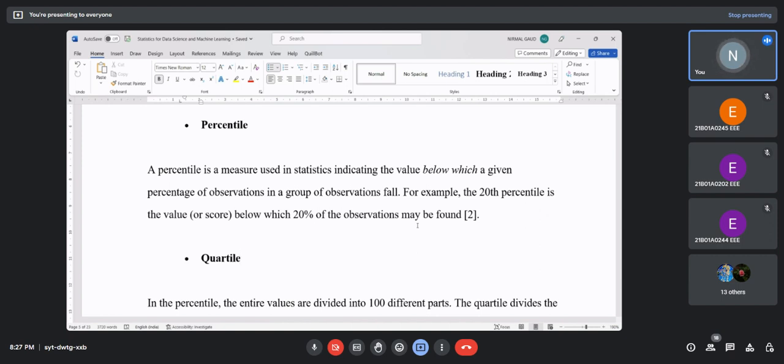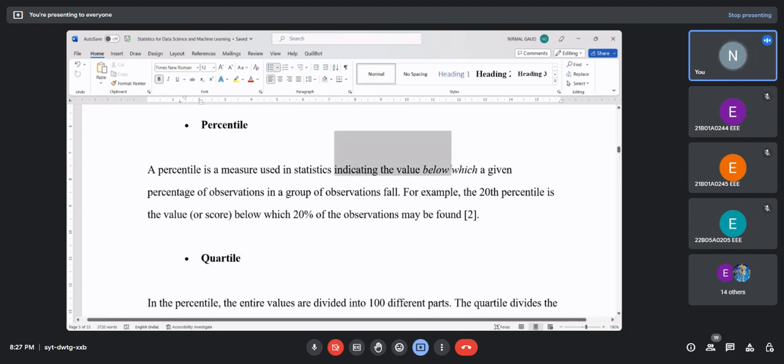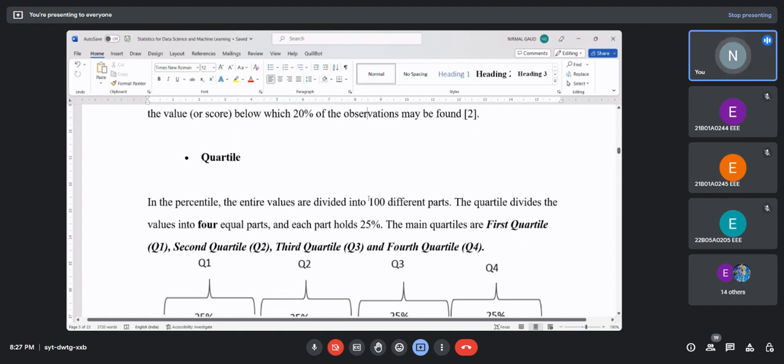So 98 is the highest score, so it gets 100 percentile, and the rest I calculate with reference to that 98. If you also got 98, you also get 100 percentile. Someone who gets 97 gets 99 percentile. That's how results are calculated. Very important: understand percentage, percentile, quartile.